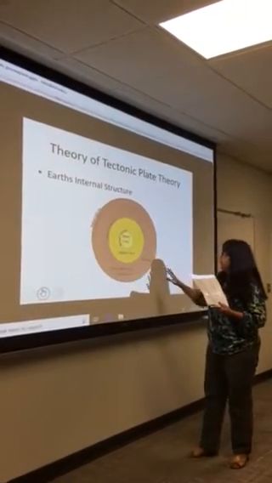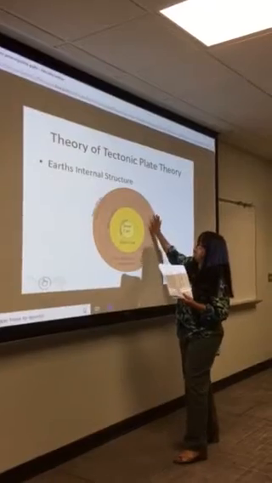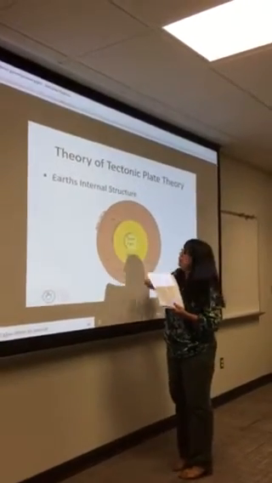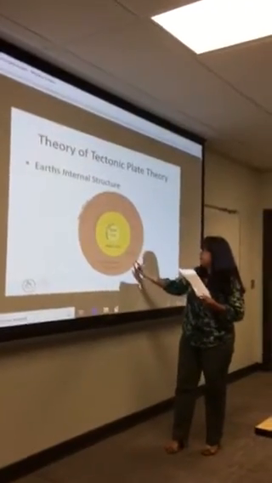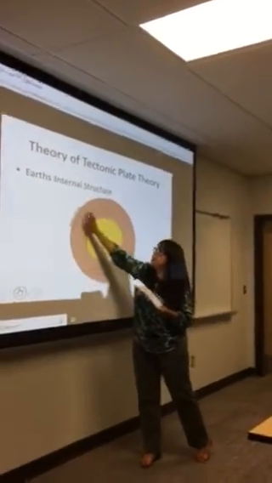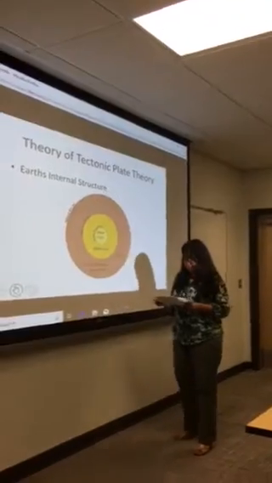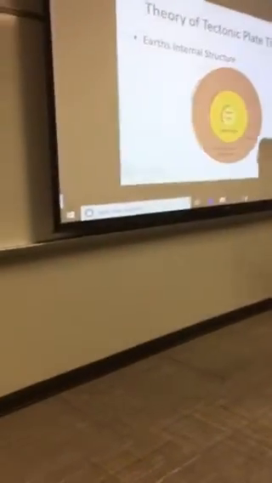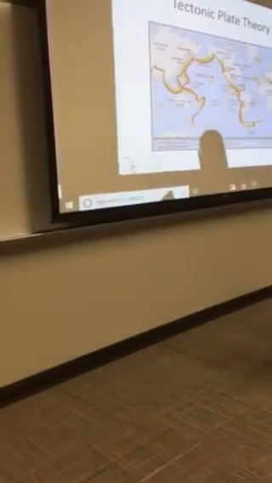The mantle is surrounded by the crust with a radius of 6,336 kilometers. The crust has the radius of 6,371 kilometers.